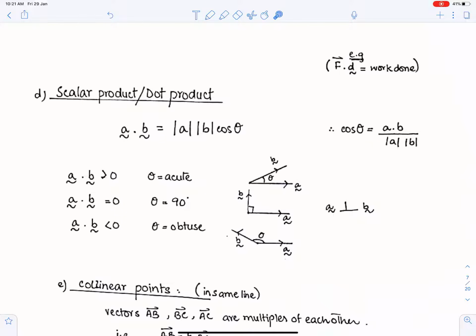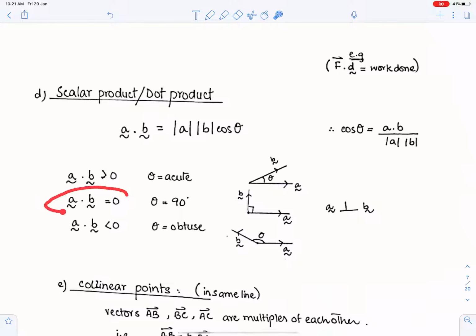Well, if A dot B is positive, if this result is positive, then we say the angle between these two vectors is acute. If the dot product is 0, that means these two vectors are perpendicular to each other, like 90 degrees.